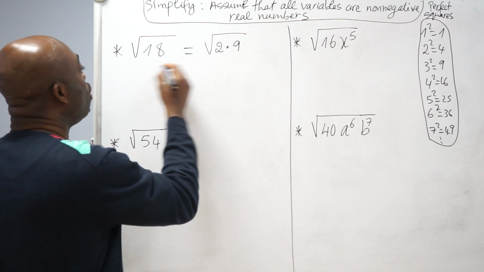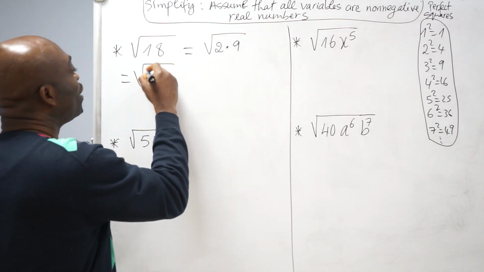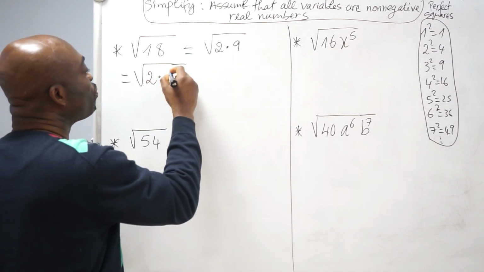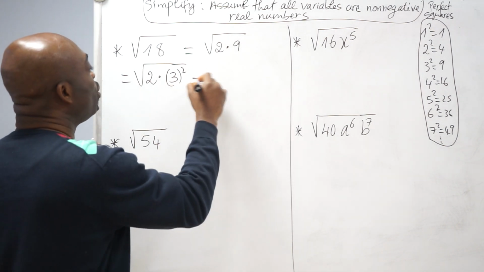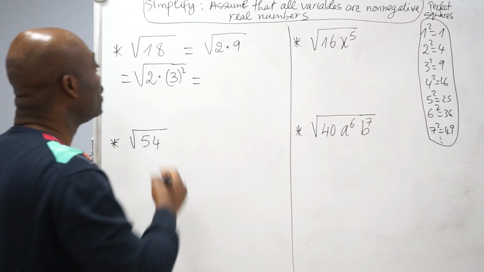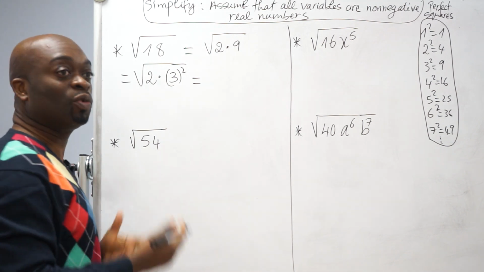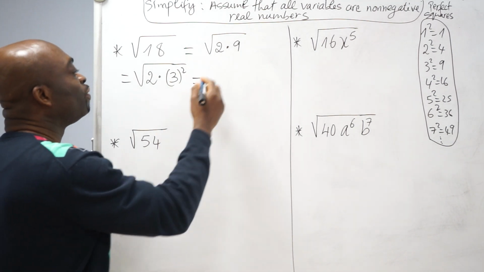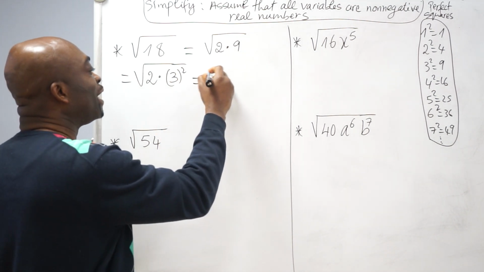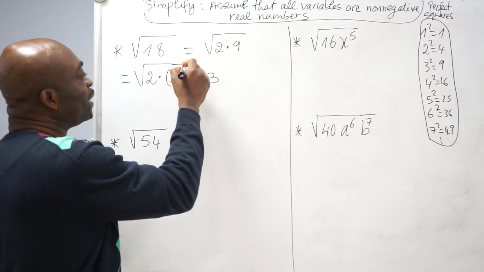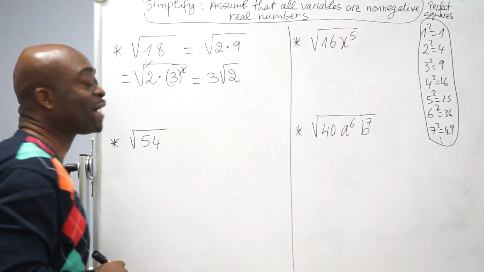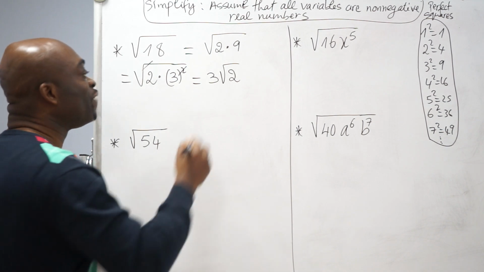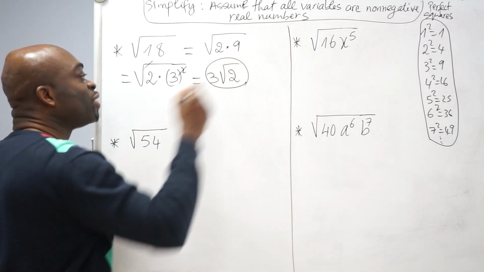We can continue by putting 3 squared. Because of the radical, we can take the 3 outside. So that will become 3 outside, only this one with that. But the 2 stays with the radical. So your final answer is 3 square root of 2.